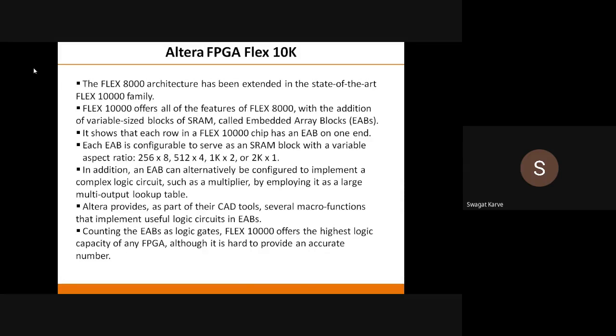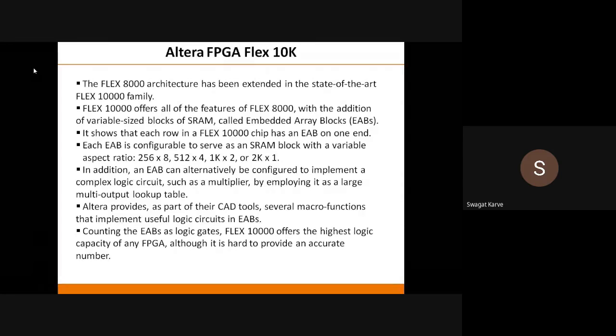The previous series to this Altera Flex 10K is Altera Flex 8K. Now some modification and some extension they have developed with this 8K family, and now they have come to the state of the art of the Flex 10K family.